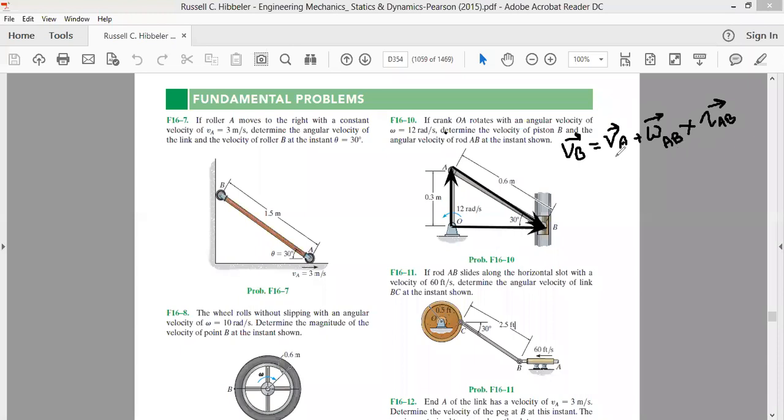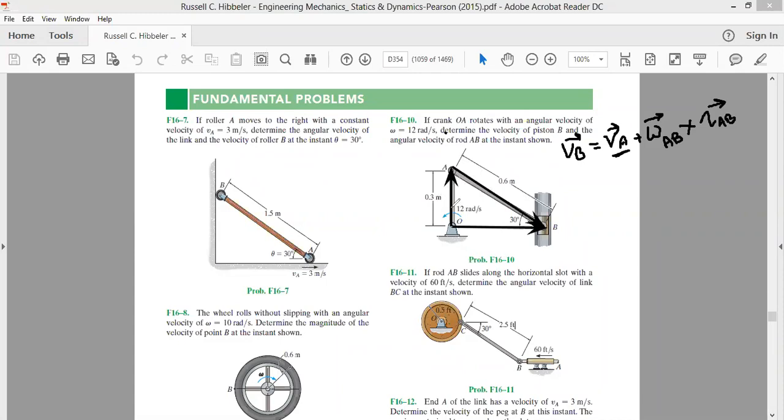Now in this equation, we don't know the value of VA, the velocity of point A. So we will find the velocity of point A in terms of the velocity of point O. We draw the vector from O to A. O will serve two purposes for us: O is a point of the rigid body OA, A is a point of the rigid body, and O is also our origin.